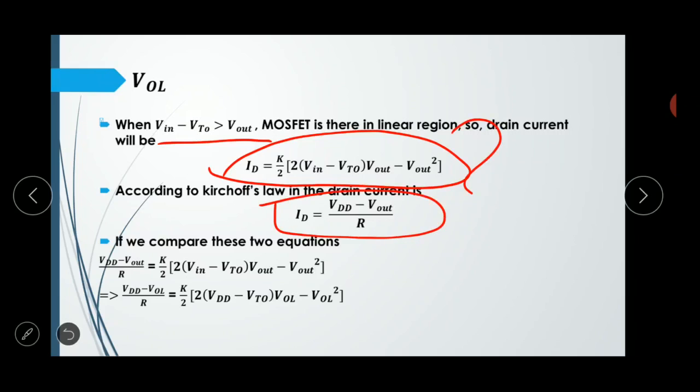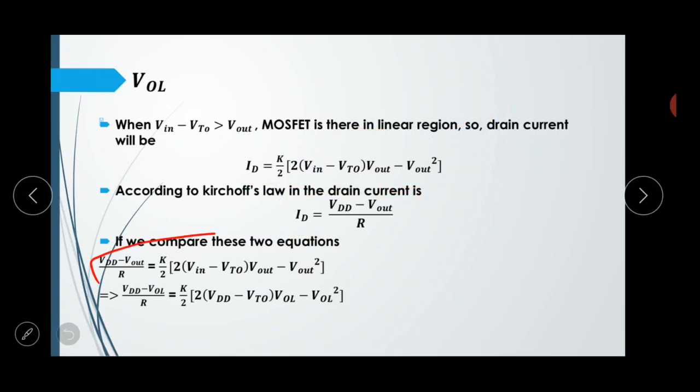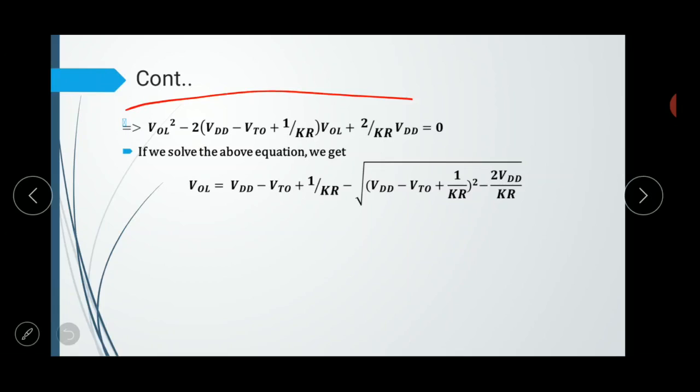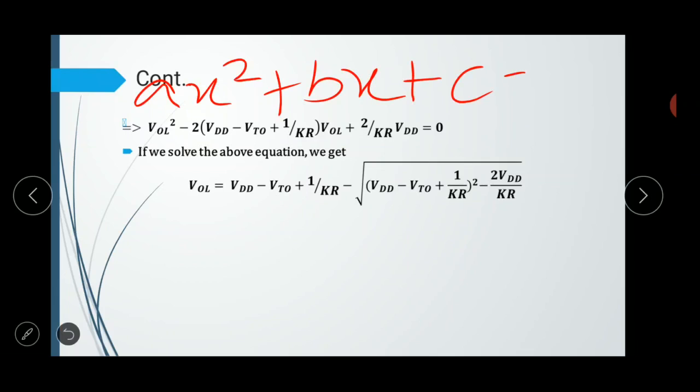We compare these two equations. After solving, we get this one. This equation is in the form of ax square plus bx plus c equals 0, which is a second order equation.